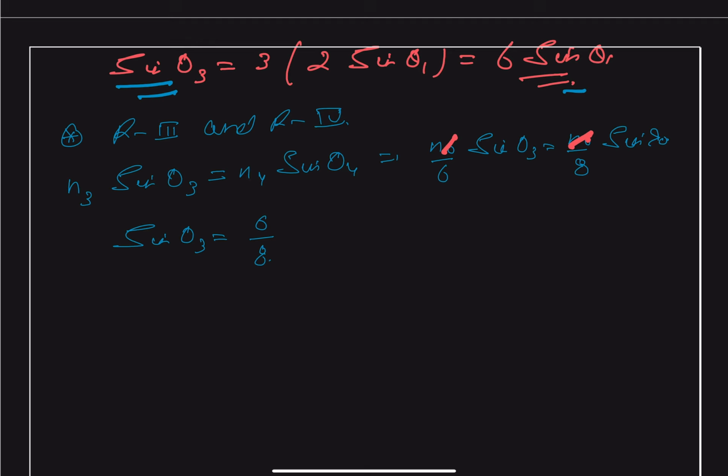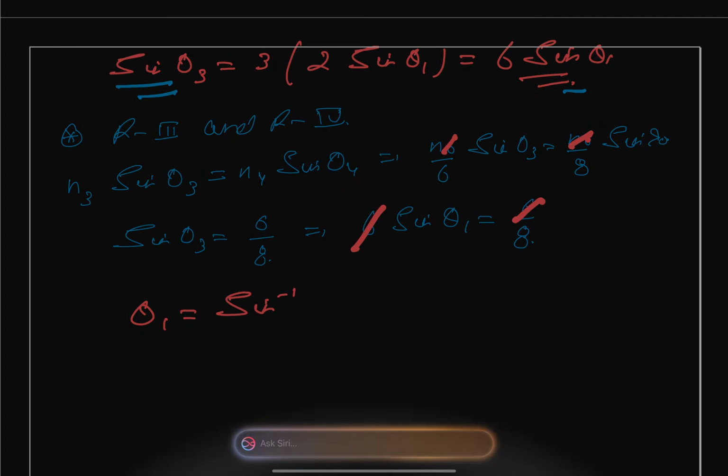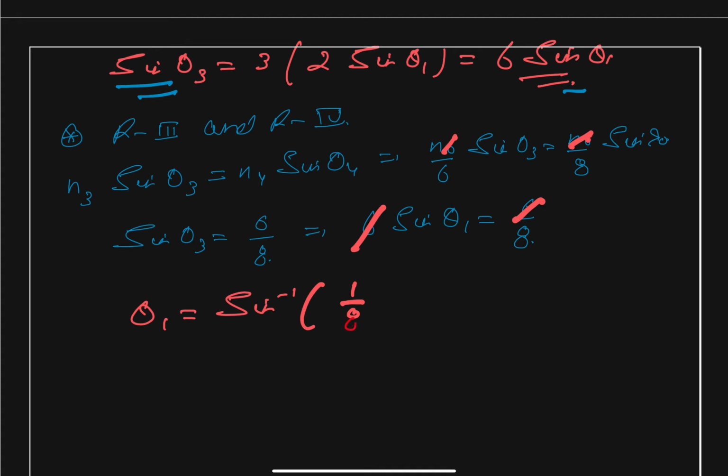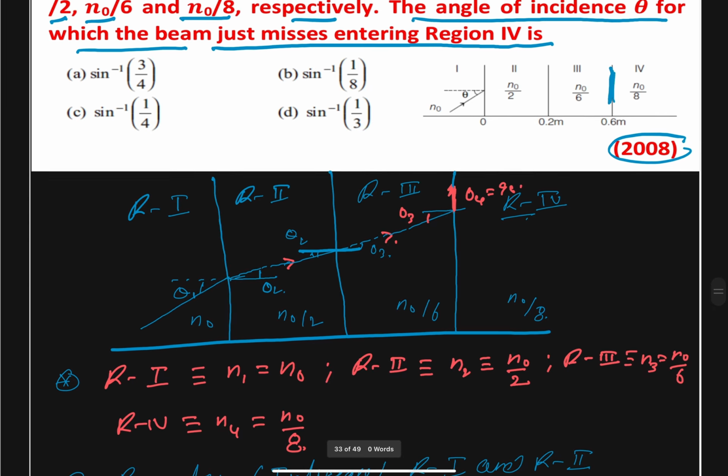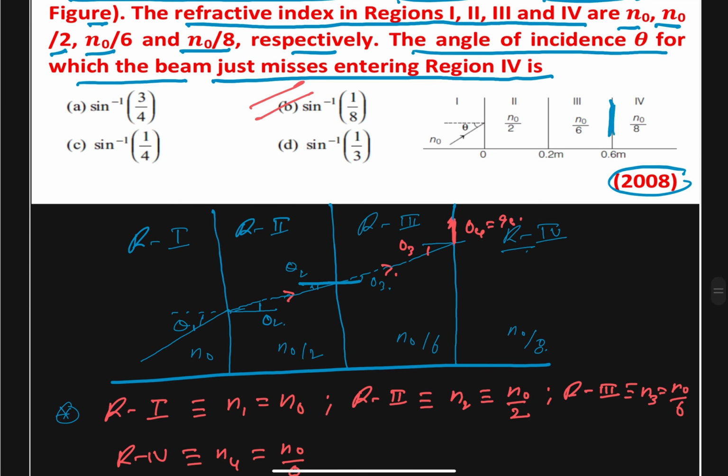So we substitute it, we get 6 sine of theta 1 is equal to 6 upon 8, and 6 goes with 6, and we get theta 1 will be equal to sine inverse of 1 by 8. So option number B is the correct one.